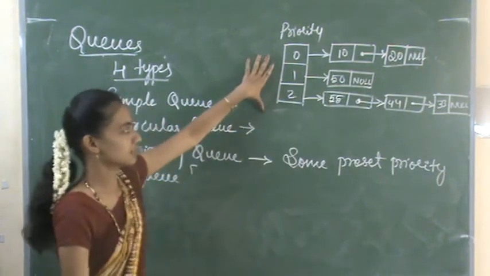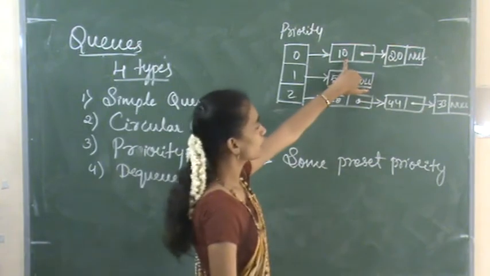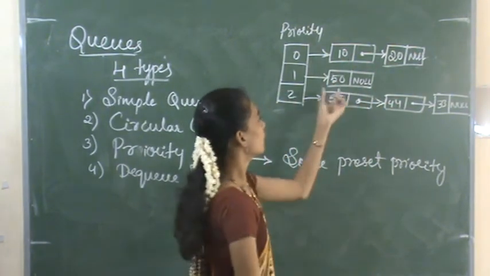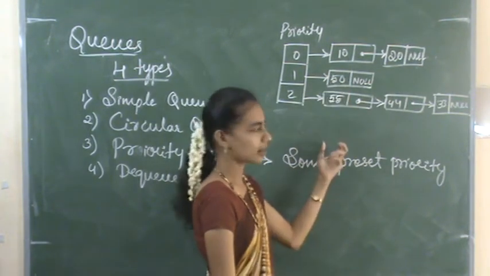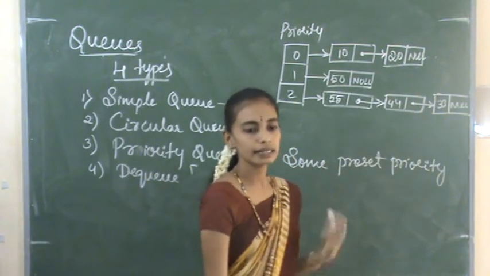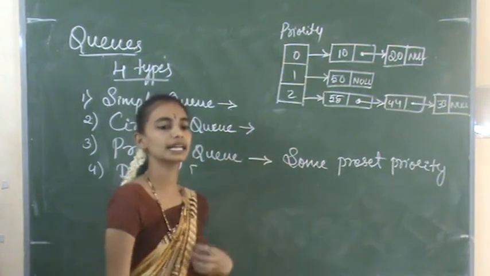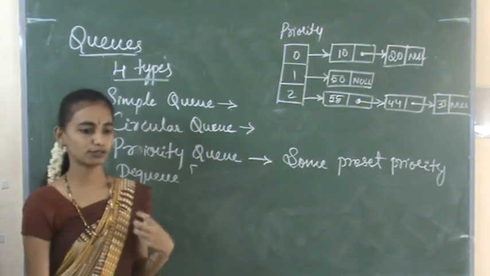Suppose consider this as a priority queue, which means that values 10 and 20 have the highest priority, and then 50 has the next priority, and 55, 44, 33 have the least priority. Based on these priorities, we can insert an element or remove an element from the queue.